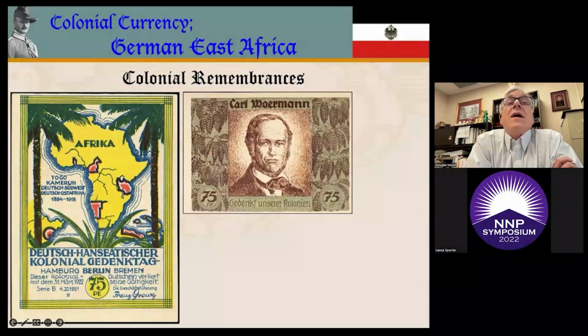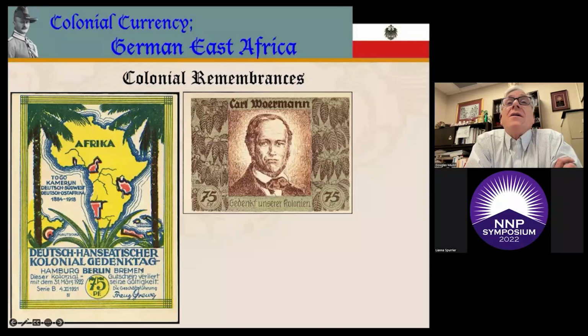So notgeld was issued as a way to supplement the government money, which was being overproduced and suffering huge inflation.